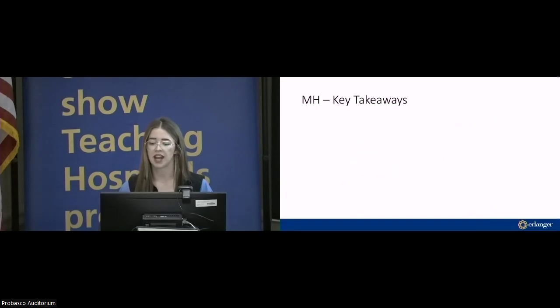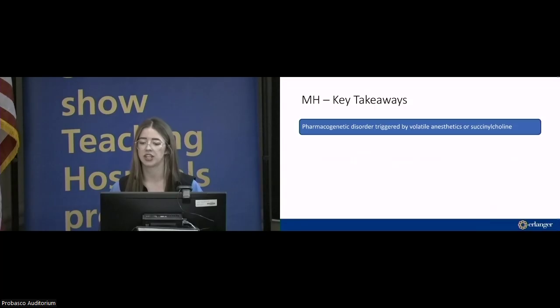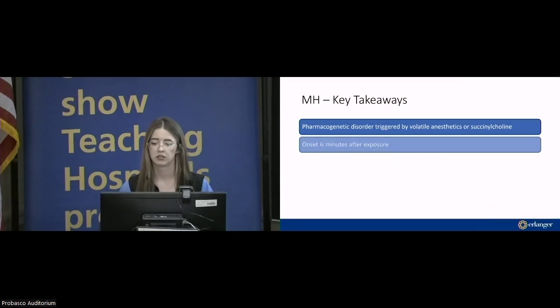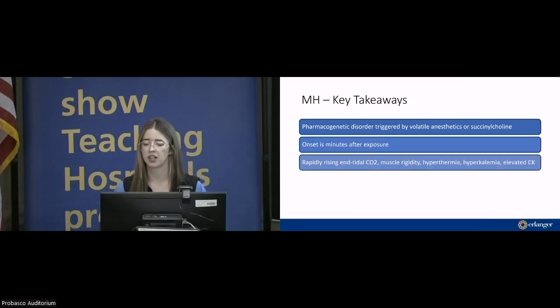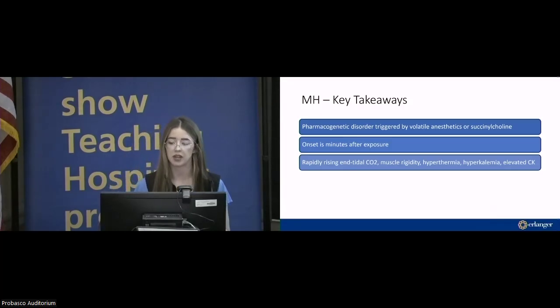To summarize, malignant hyperthermia is a pharmacogenetic disorder triggered primarily by volatile anesthetics or succinylcholine. Onset is usually within minutes after exposure, often during or shortly after induction of anesthesia or intubation. Clinical hallmarks include rapidly rising end-tidal CO2, generalized muscle rigidity, hyperthermia, hyperkalemia, and elevated creatine kinase.